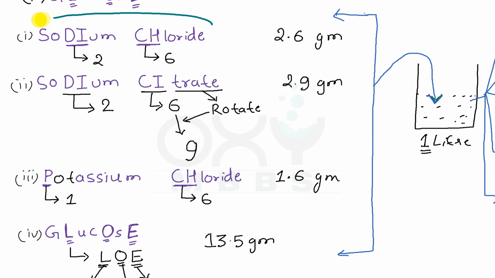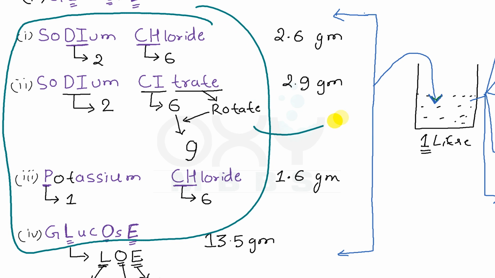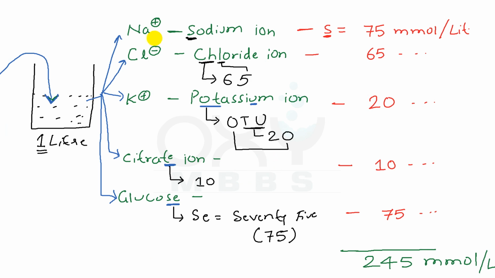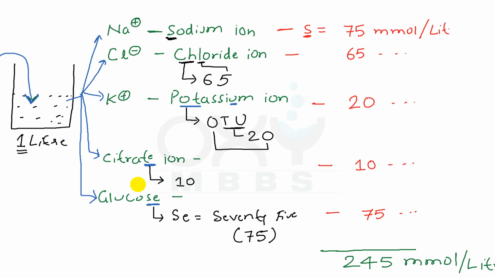Now when all these constituents of the ORS are mixed into the 1 liter water, then all these salts get dissolved and we get sodium ion, chloride ion, potassium ion, citrate ion and glucose. Now the concentration of glucose in 1 liter water is how much? It is 75.